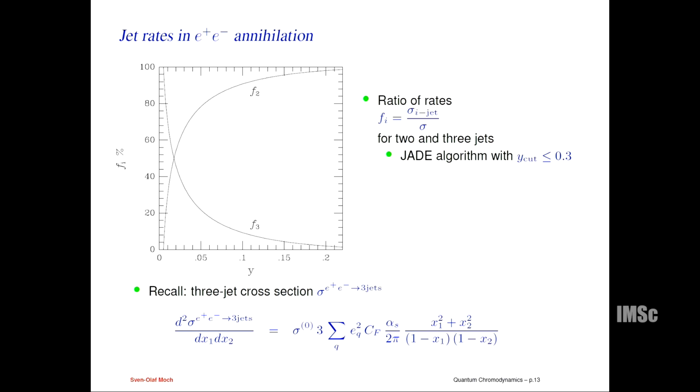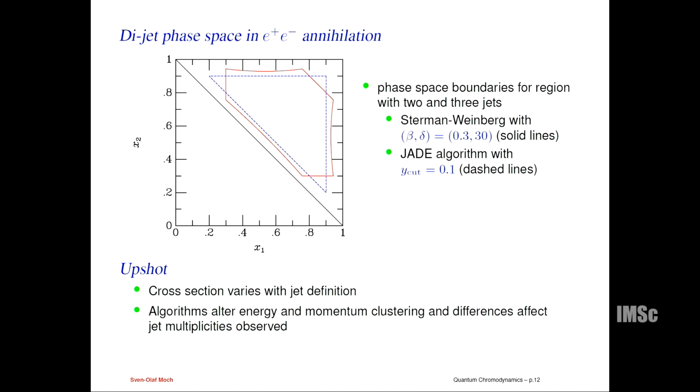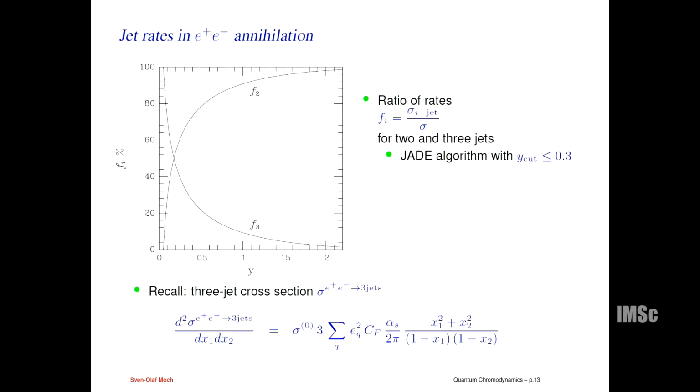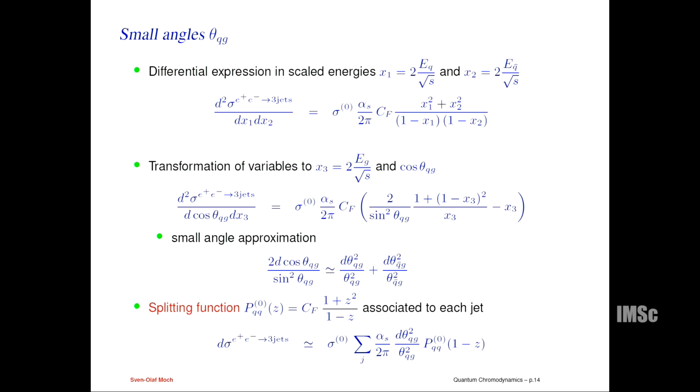So basically being inside or outside this triangle here. As we increase y cut, basically we kill the number of the 3 jet events. And this is basically all coming from this simple expression here in terms of the rescaled quark and gluon energies.